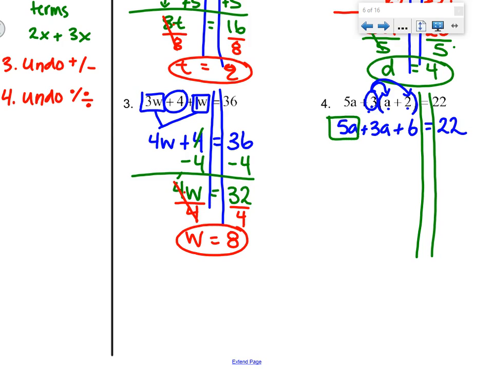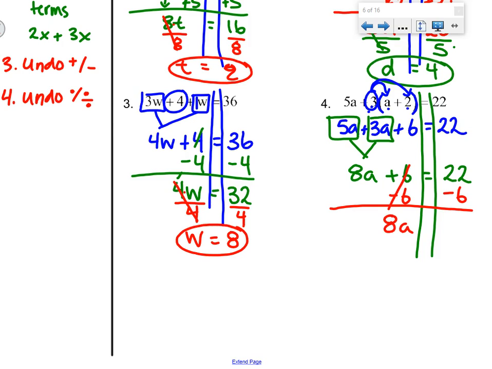We can do 5a plus 3a, because those are the same variable. So that gets 8a plus 6 equals 22. Undo the plus 6 with a minus 6. Bring down the 8a. 22 minus 6 is 16. Last step, divide both sides by 8 to get rid of that times by 8. We have a equals 2.